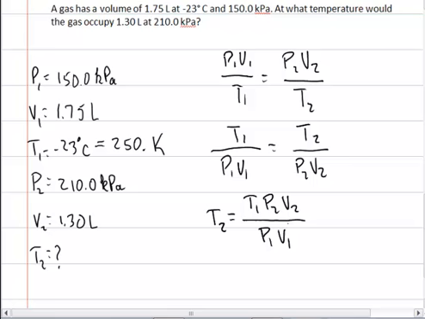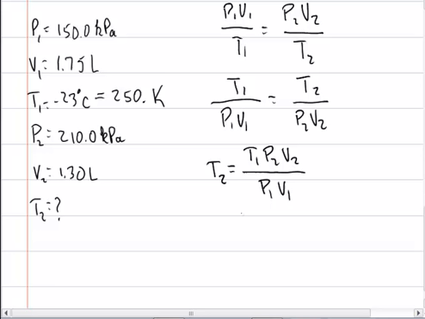As I said, I prefer doing it this way because now I can just put my numbers in here. I'm going to move things over a little bit. These problems usually get kind of long.